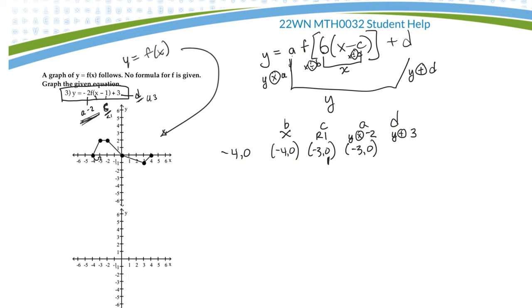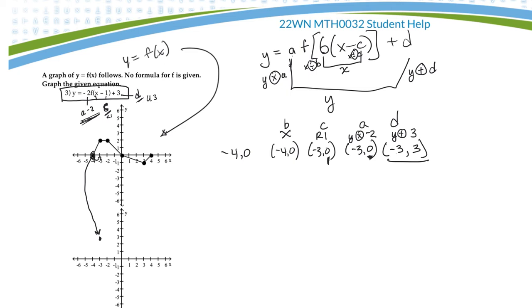Then for the last step, I take all the y values and add 3. 0 plus 3 is 3. So my x value doesn't change, but my y value goes up by 3. So -3 and 3, that point right there, is the transformed point. That point becomes that point.